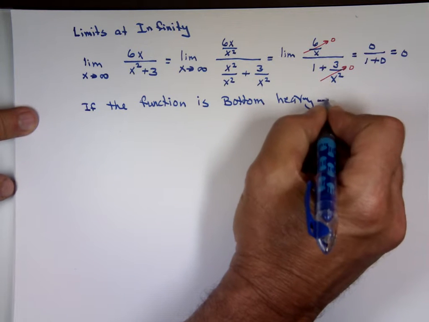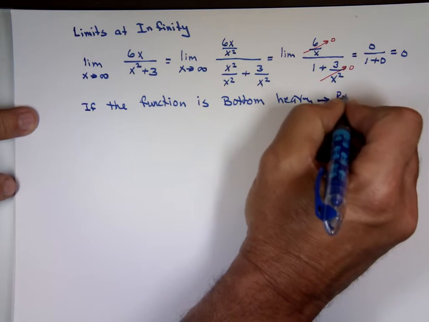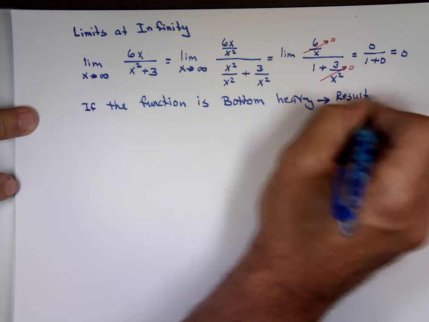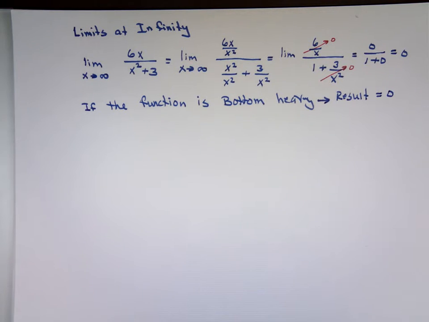The result is always going to be what? Always going to equal 0. Always. That's the shortcut I use. Bottom heavy, the result is 0.